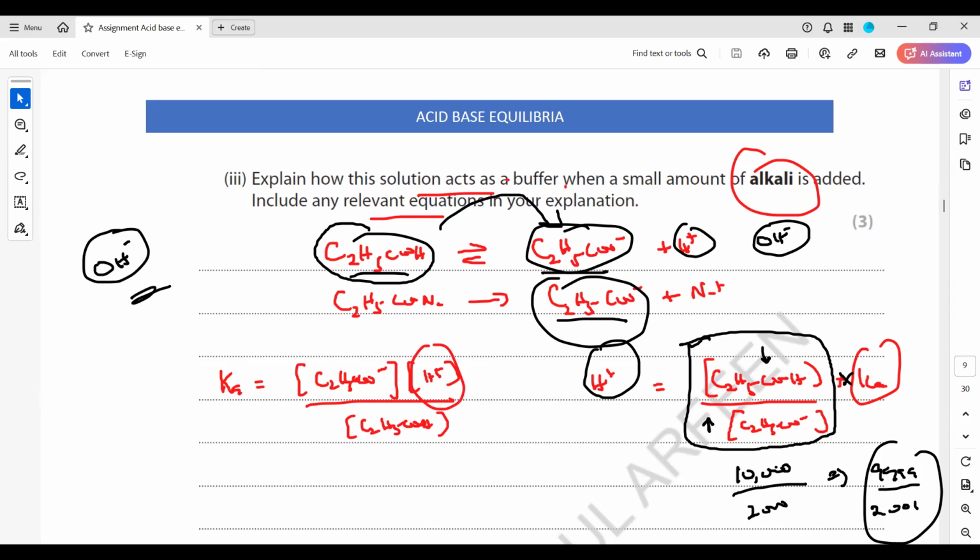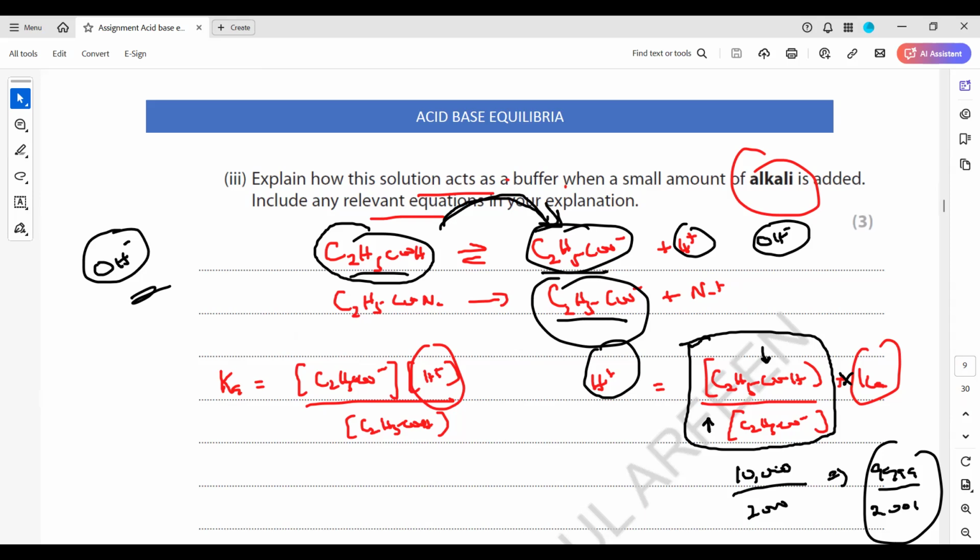Then when we add an alkali, the alkali will combine with the hydrogen ion. As a result, it will form propanoic acid, which is a weak acid, because when a small amount of alkali is added, the OH ion will react with the hydrogen ion and it will shift the equilibrium towards the right.